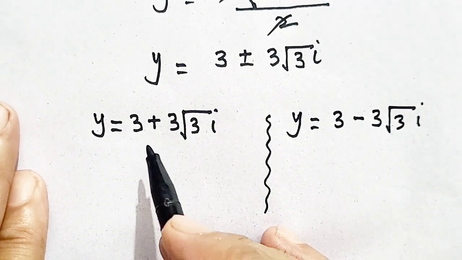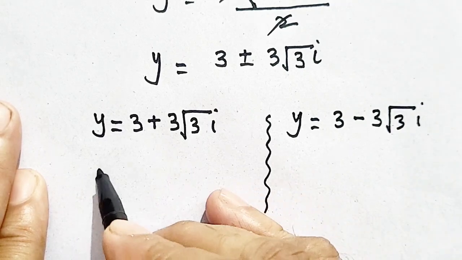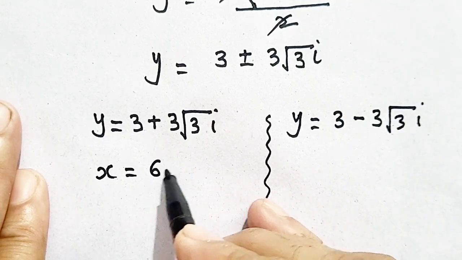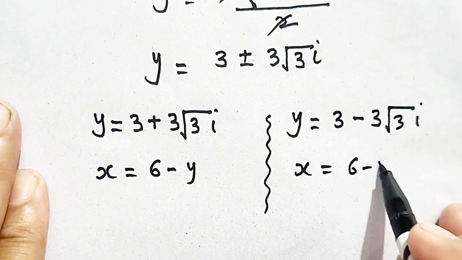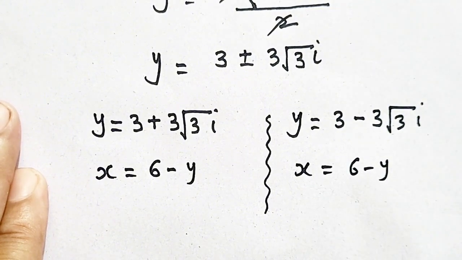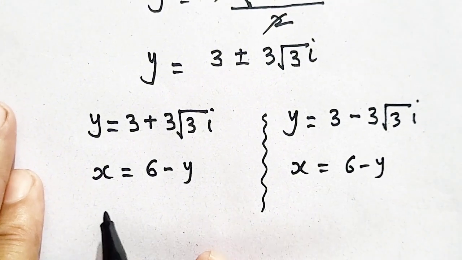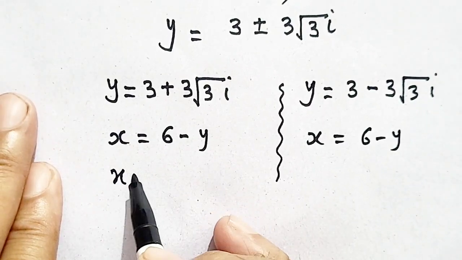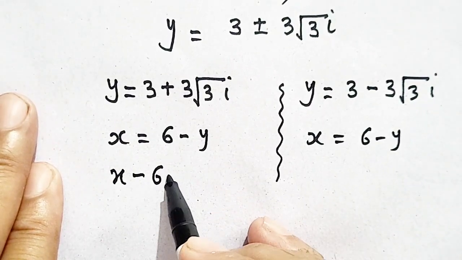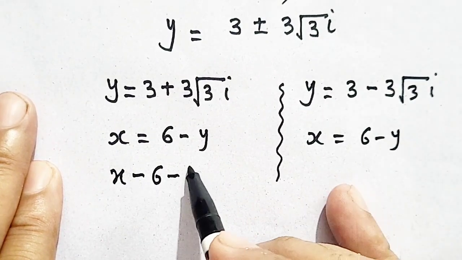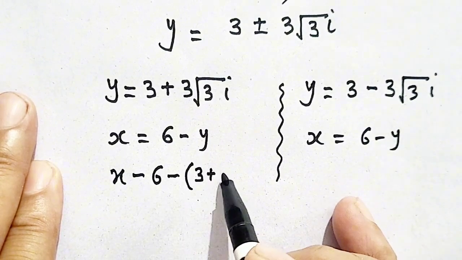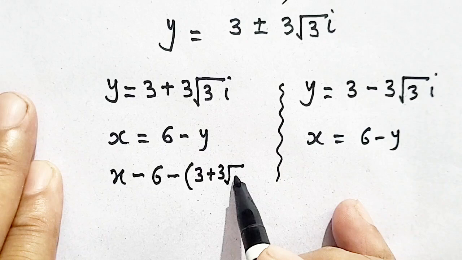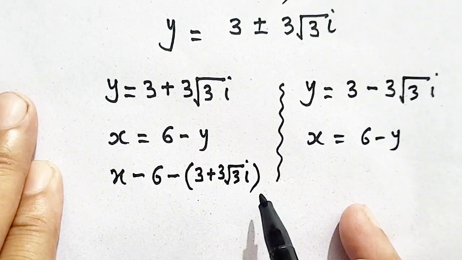Then we have x is equal to 6 minus y. So the value of x will be equal to 6 minus y, where y is 3 plus 3 square root of 3 iota.